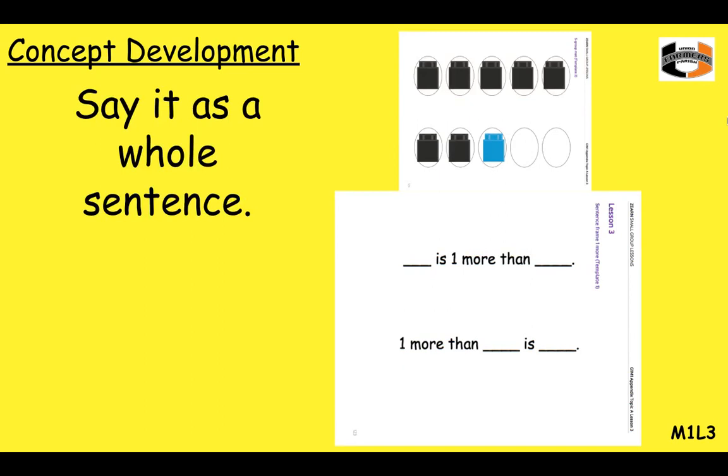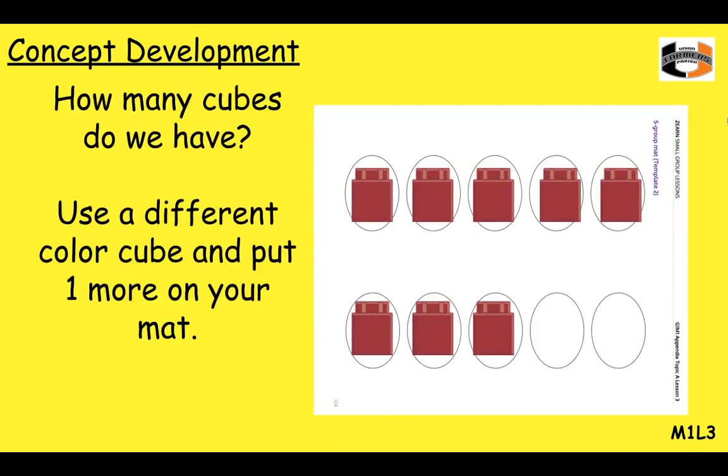Say it as a whole sentence. 8 is 1 more than 7. 1 more than 7 is 8. 7 plus 1 equals 8. How many cubes do we have now?